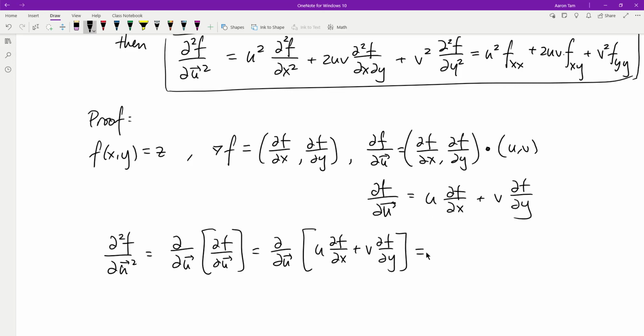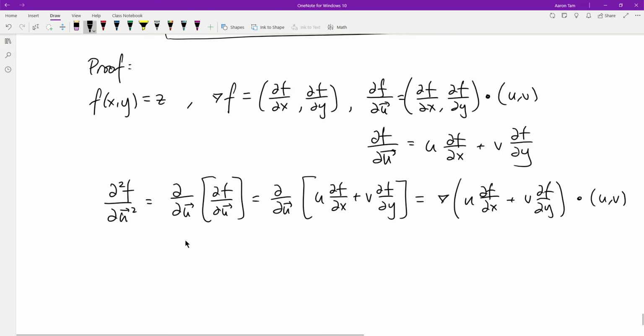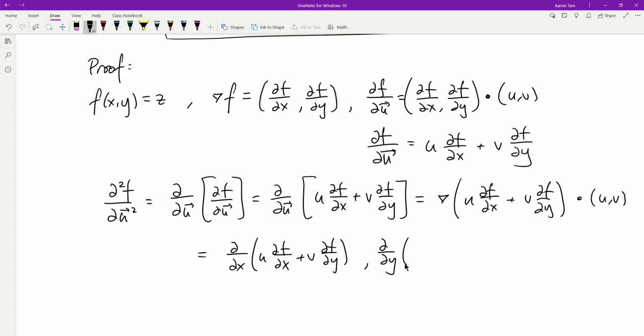And according to what we know, what we need would be the gradient of this thing dot product (u, v). So how do I find the gradient of this thing? Well, actually pretty simple. The gradient of this thing would simply equal d over dx of this expression and d over dy of this expression. So basically just taking the partial derivative with respect to x and y separately, and that forms my gradient.